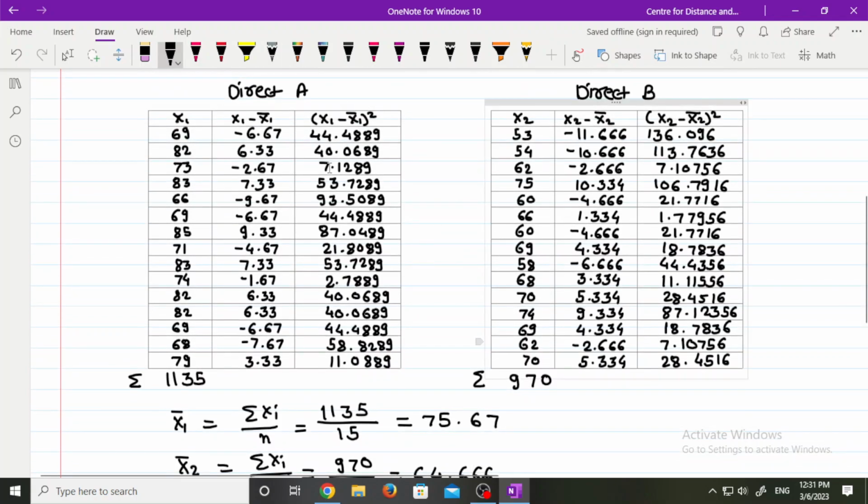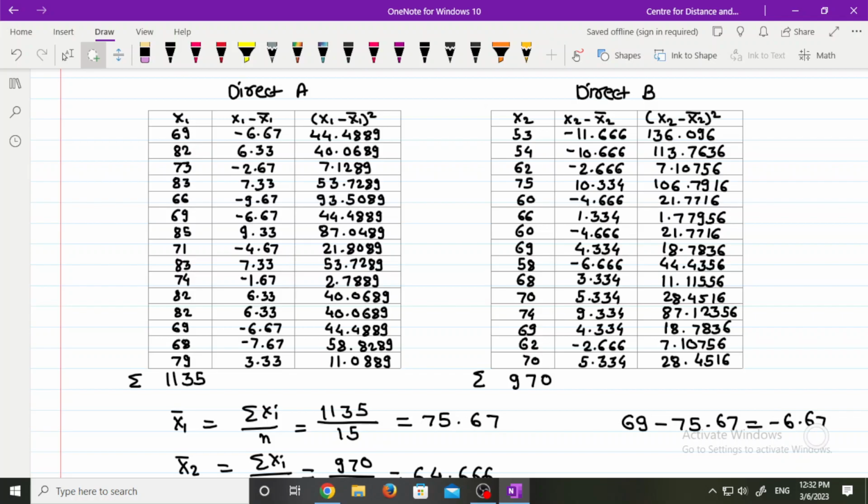Then in direct A table, we have to find x1 minus x1 bar. The first value of x1 is 69, so 69 minus x1 bar, that is 75.67, gives minus 6.67.